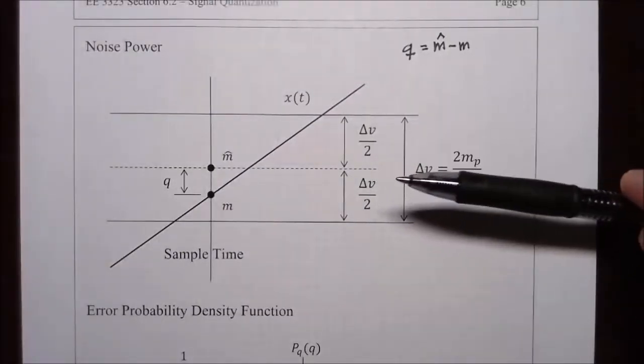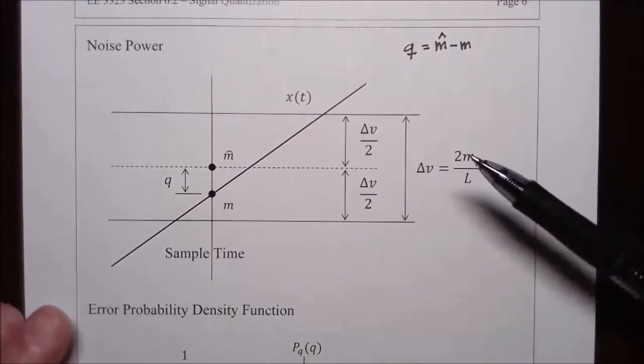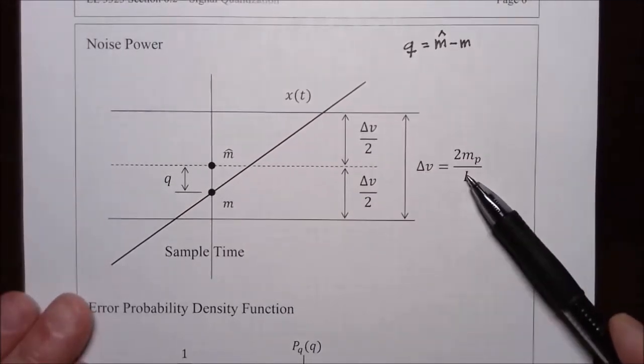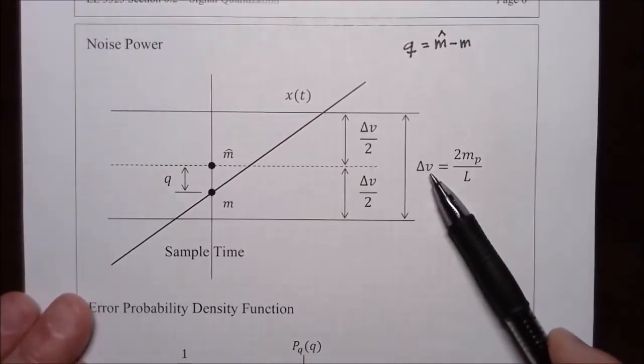Well, that's what we have here as the spacing between the levels, 2 MP divided by L. We're calling that delta V.